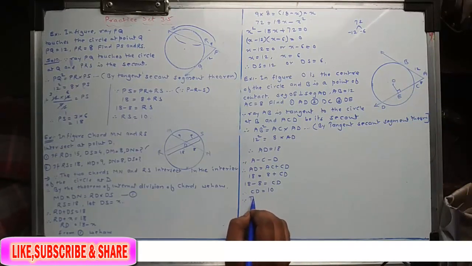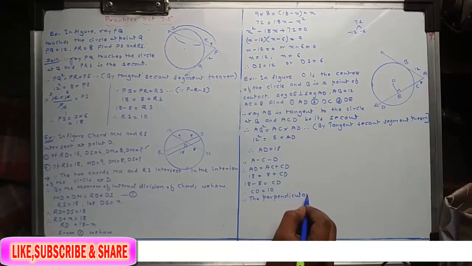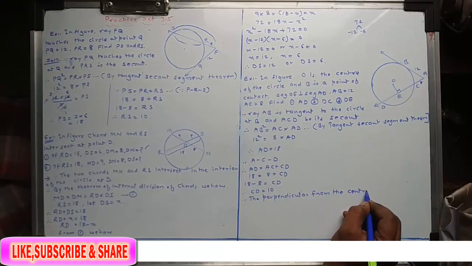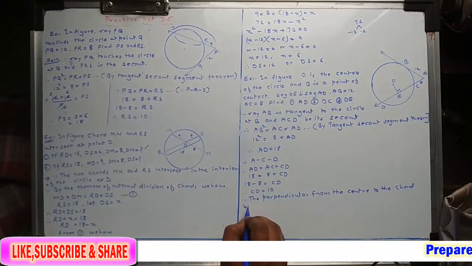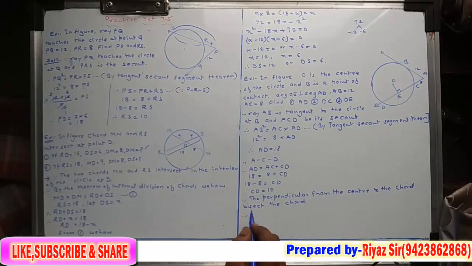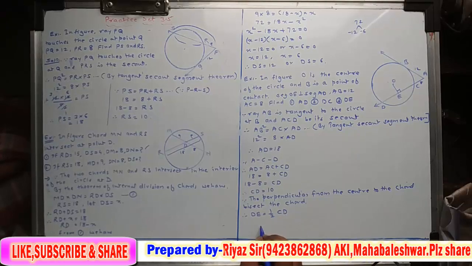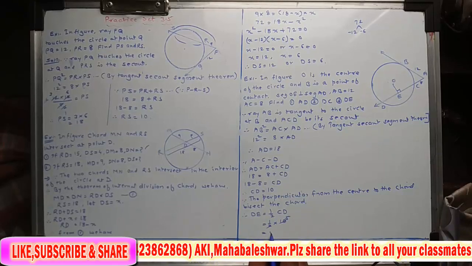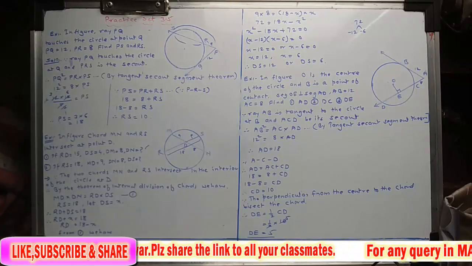Okay, since the perpendicular from the center to the chord bisects the chord, therefore you have to find DE is equal to half of CD, that is equal to half of 10, 2 fives are 10, that is equal to 5, and therefore DE is equal to 5. So in this way we have to solve this example.